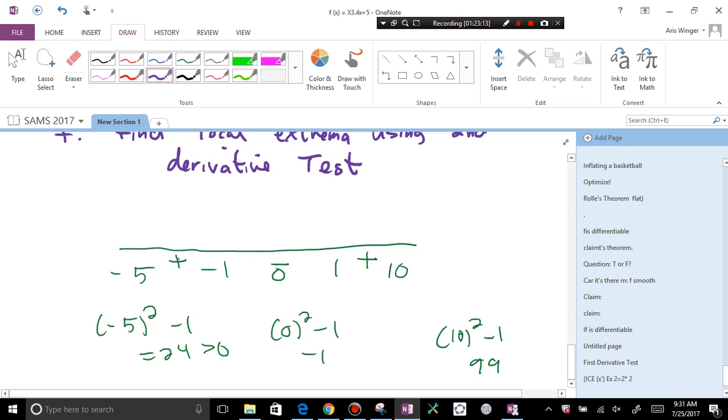The derivative is positive here, negative here, and positive here. f, therefore, is increasing here, decreasing there, and increasing there.